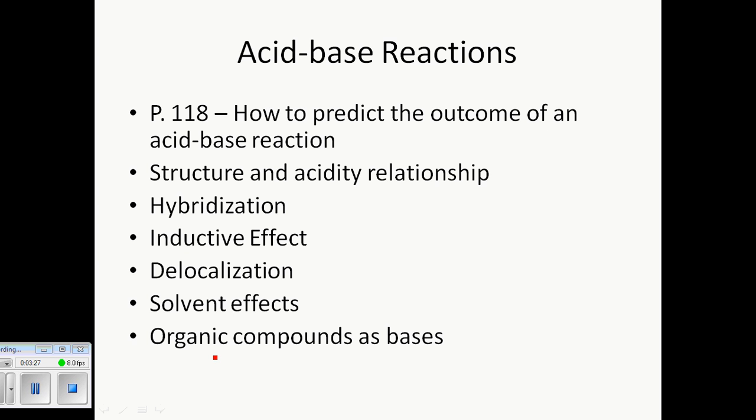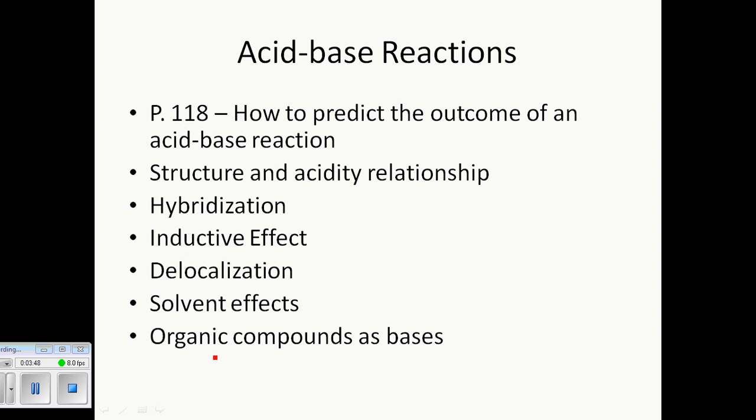Then it goes into several sections on structure and activity relationships. So again, based back from chapter 1 and 2, electronegativity trends are going to be very important in determining the structure and the acidity relationships. And back to chapter 1, hybridization.